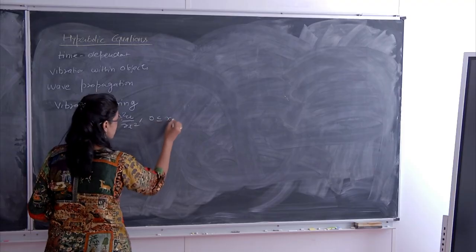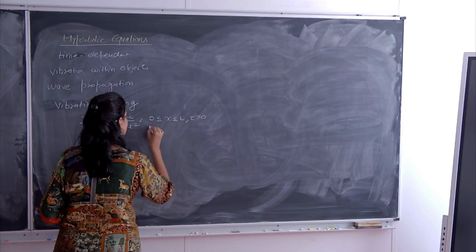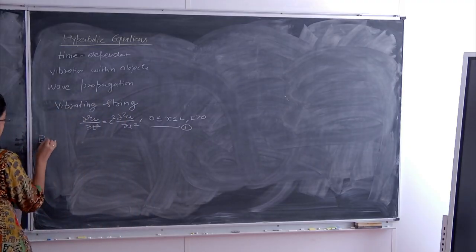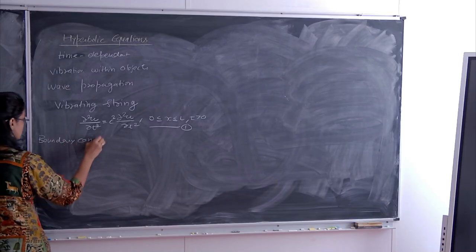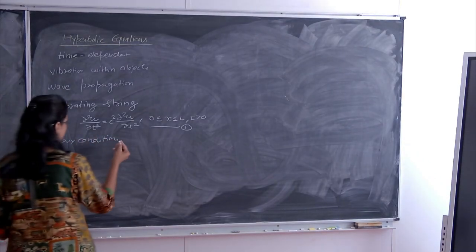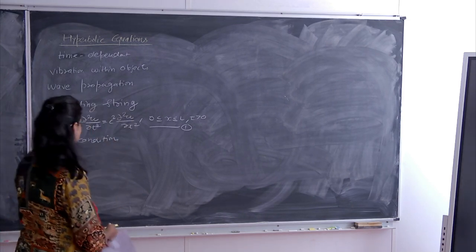Let us take the domain of x from 0 to L and t is greater than 0. So, your boundary conditions, for simplification I am taking that to be 0. Okay, if you do not want to take 0, we can explain that also.